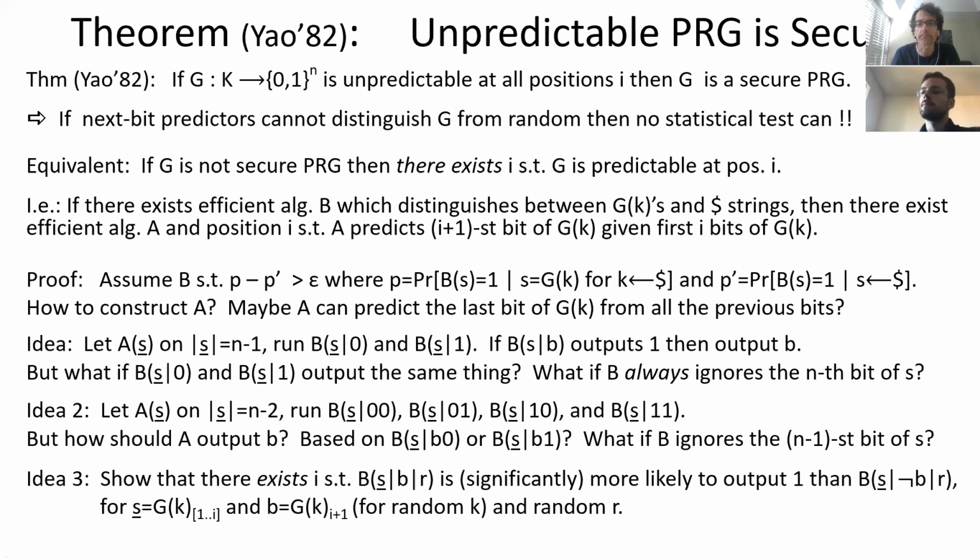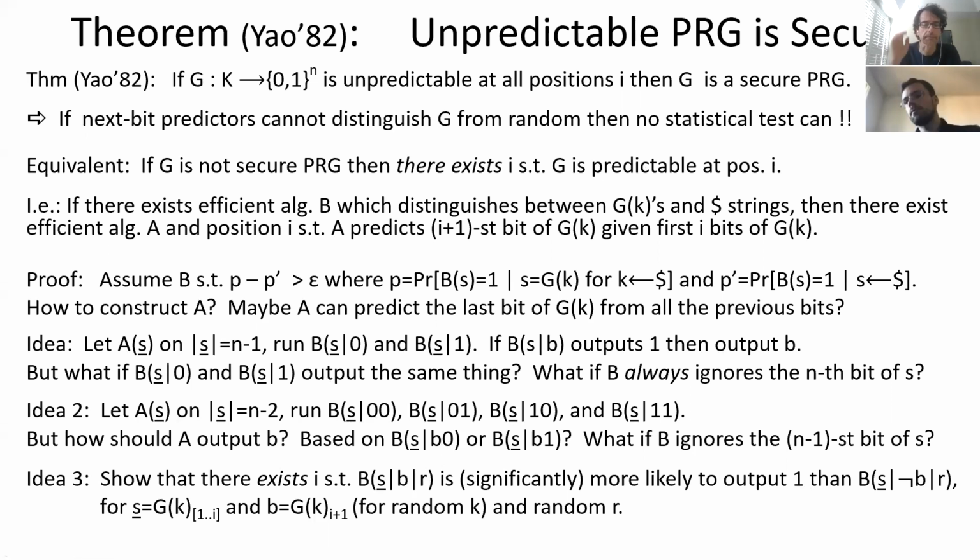Or you know what, it will run him once with a random bit and see if he outputs 1. If he outputs 1, then the reduction, which attacks the unpredictability notion, will output bit B as the next bit of a PRG. And if he outputs 0, then it will output a flip of bit B.